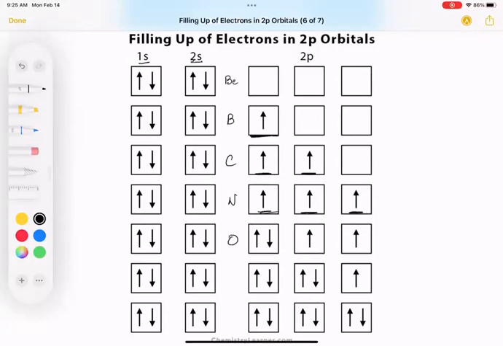Finally, when you get to oxygen, you start to pair. And then you have fluorine and neon. Again, we do this because of Hund's rule.